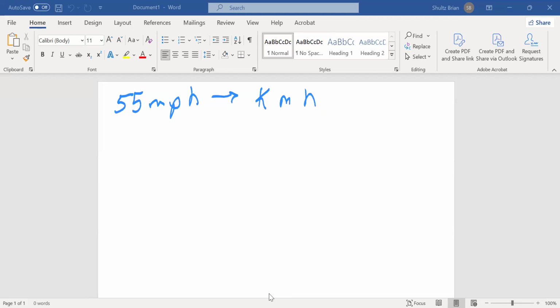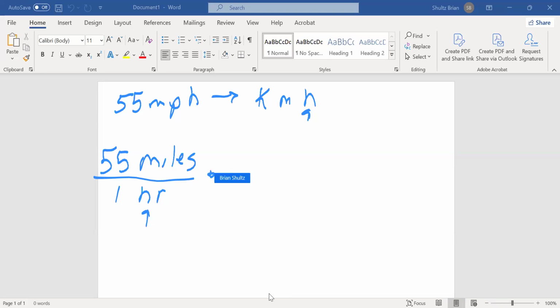Okay, so I've got 55 miles in 1 hour. I do not want the hours to cancel off because it is in my answer. I do want the miles to be gone, so I want miles on the bottom so that they will cancel. So now I'm going to look at my conversion sheet again real quick.